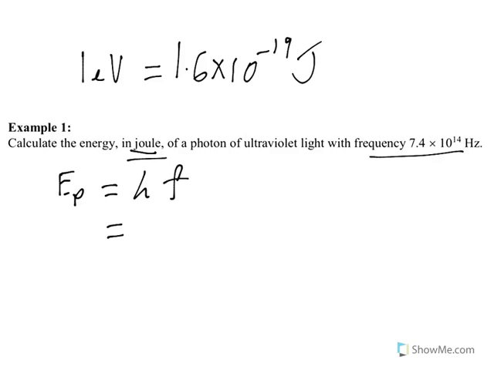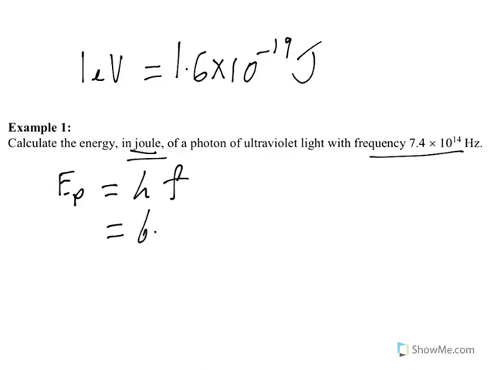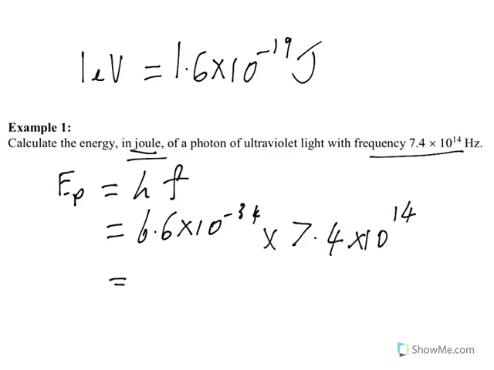Now it's asked for in joule, so we're going to use the joule one, that's the 6.6 by 10 to the minus 34 times the frequency, which is 7.4 by 10 to the 14. So stick that in your calculator and you get 4.9 by 10 to the minus 19 joule.